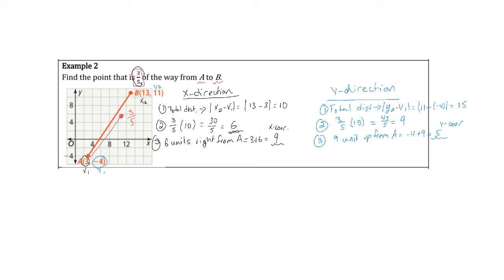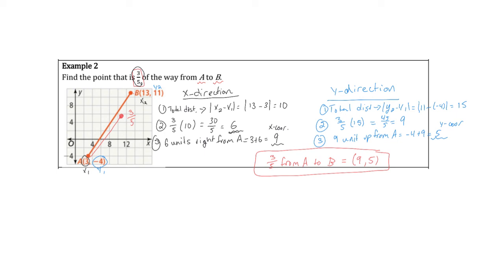So our answer, 3/5 the way from A to B, is equal to our x coordinate 9, our y coordinate 5. All right, so that's a partition.